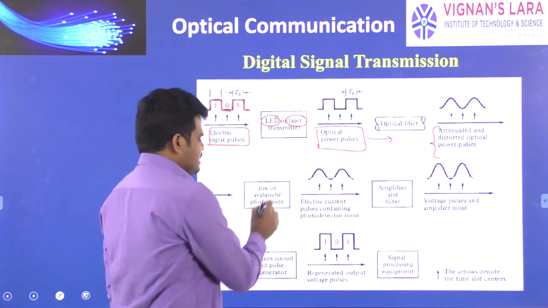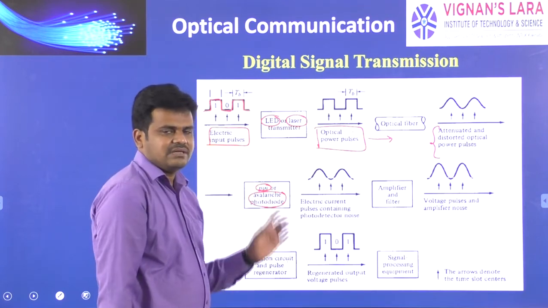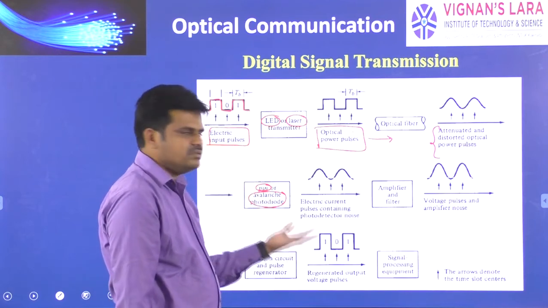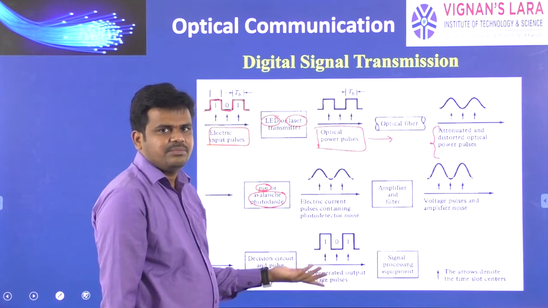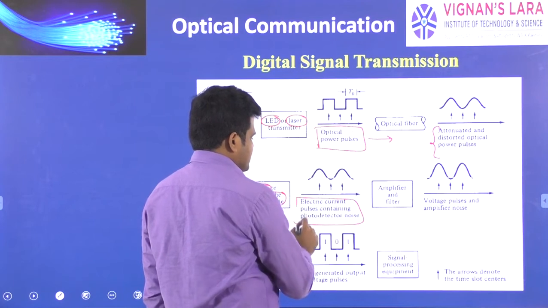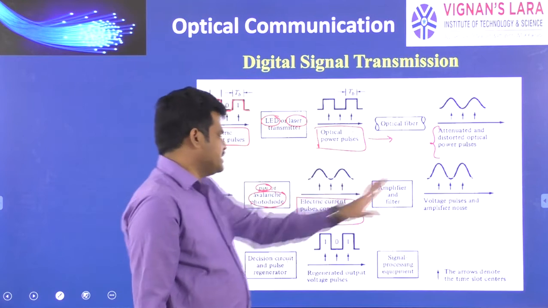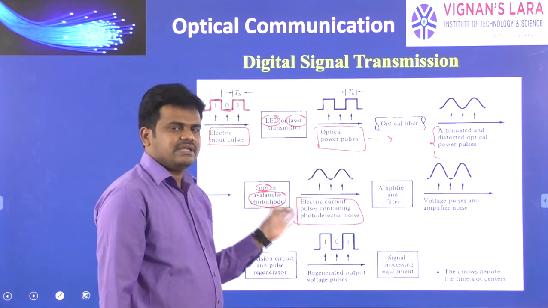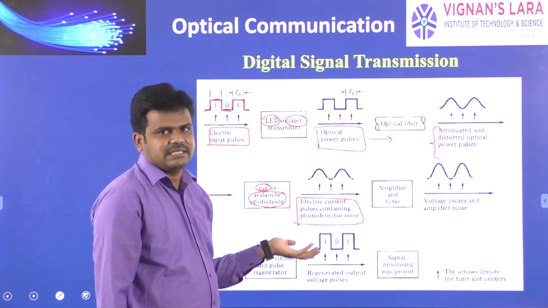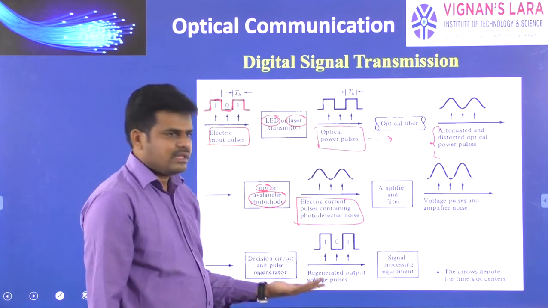The photodetector may be a pin diode or an avalanche photodiode, which converts the light falling on it into corresponding electrical pulses or electric current. Here the distorted wave is applied, and some noise is added by the detector. If it is an avalanche photodiode, the noise levels are higher.